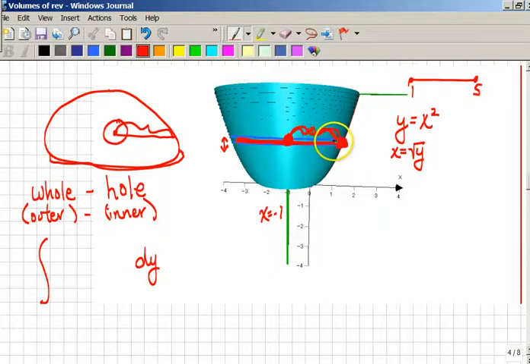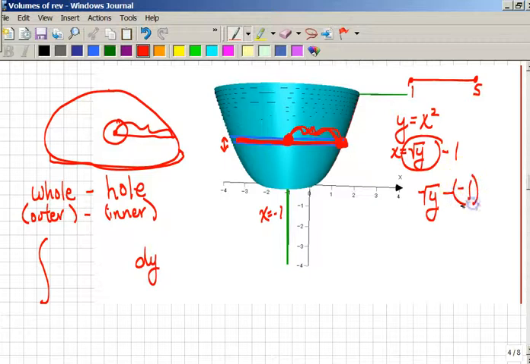Well, the same thing applies to this radius. The right end is the square root of y. The left end is -1. So we take the right end, the square root of y, subtract the left end of -1. This is the representation of the radius.